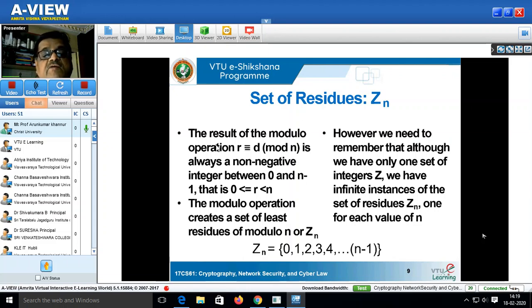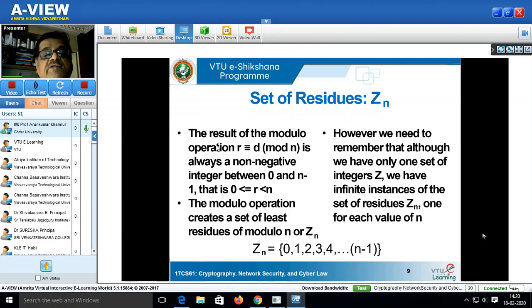Now, whenever we carry out division, from the division we are going to establish a set of residues, which is represented as Zn. The result of the modulo operator R, you can notice the symbol here. We have three lines here, not an equal sign, which represents the congruence operation.